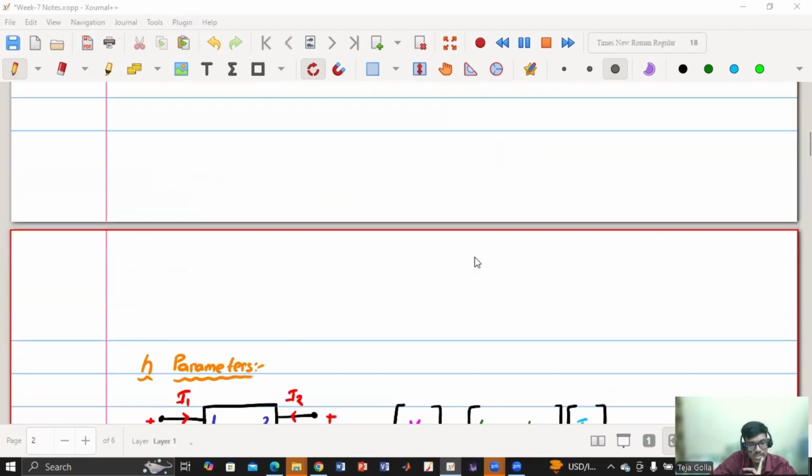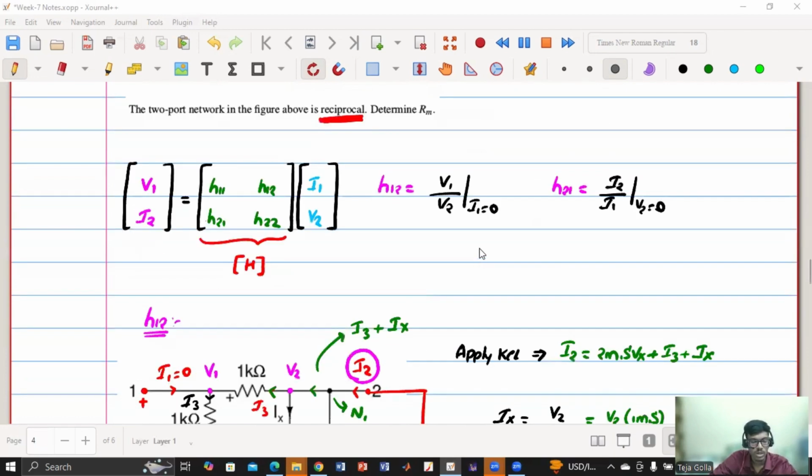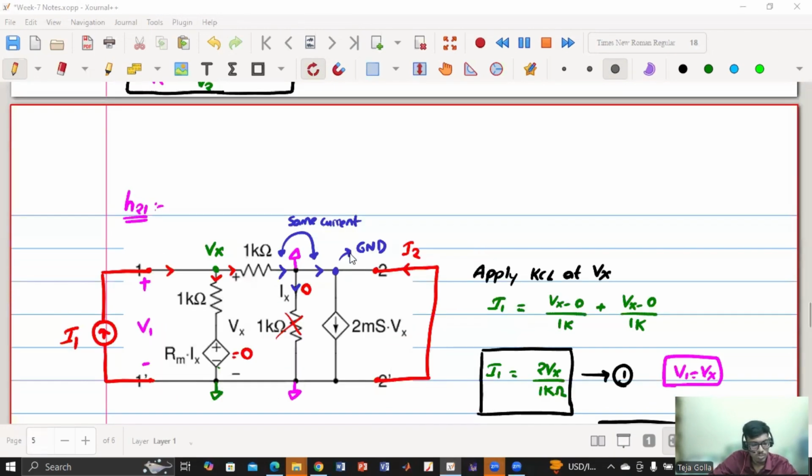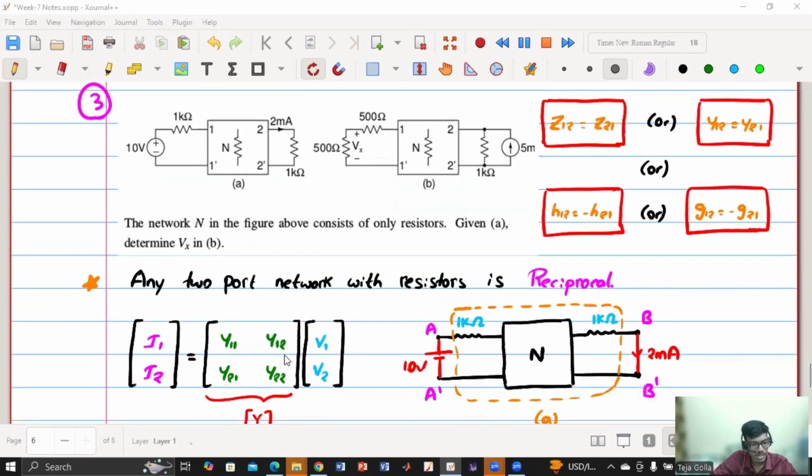So in the case of Z, it is excited with the currents and voltage is the output, right? So someone might have looked at this and seen that voltage is the input and current is the output. So we could proceed with the Y parameters. That is one way. And here if you see, current is the input and voltage is the output. So here it is kind of impedance, right?